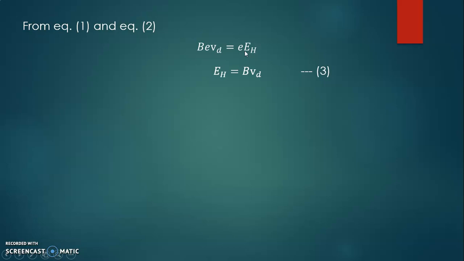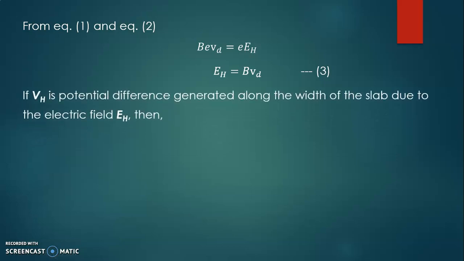If V suffix H is the potential difference generated along the width of the slab due to the electric field EH, then, I am repeating, V suffix H is the potential difference generated along the width. We know that when an electric field is developed, voltage will be generated along the direction.